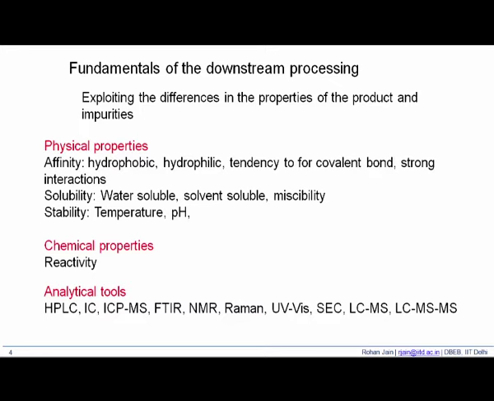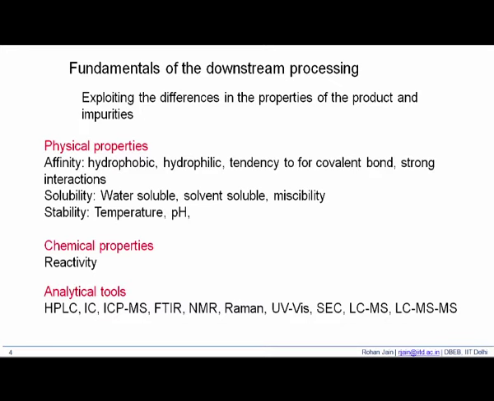Also temperature plays a role. For example, desferoxamine E, a siderophore molecule, precipitates at lower temperature while the impurities will not. So, all of these things come into play for separating the product and the impurities.